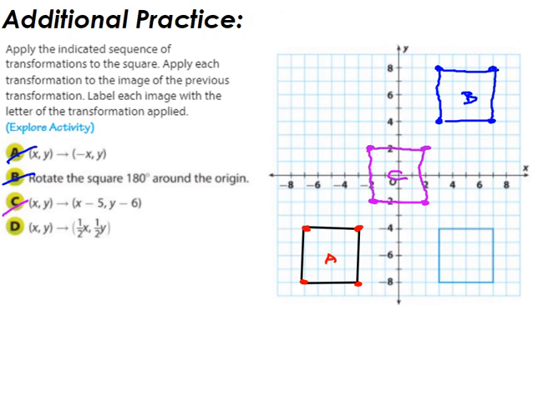Finally, it's asking me to shrink it down by a half. So let's do this one in orange. It's asking me to dilate it by multiplying each point by 1/2. Well, if this is at 2, 2, and I take half of that, it's going to be at 1, 1. And all of these are going to end up at 1, 1.